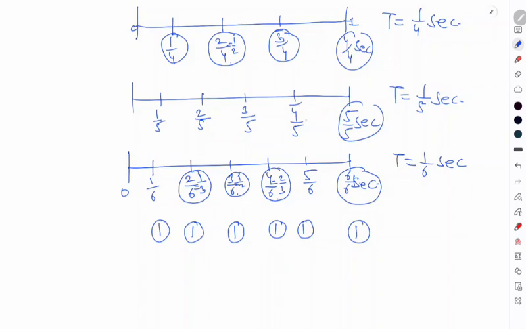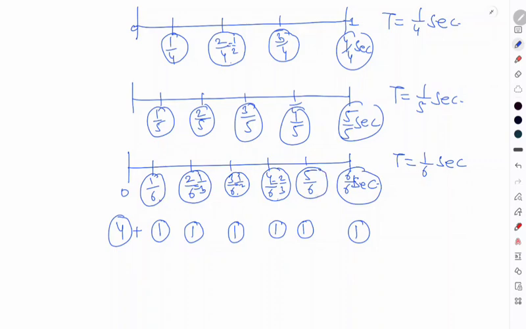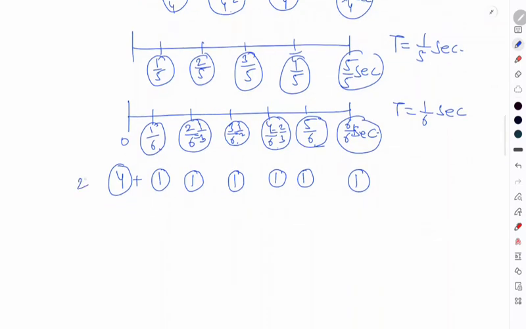Now 1/5: there is no common time such as 1/5 second, 2/5, 3/5, 4/5. So there will be one more beat at each of these, 4 more beats. And if we talk about 1/6 and 5/6, it means one beat here and one beat here, so 2 more beats.